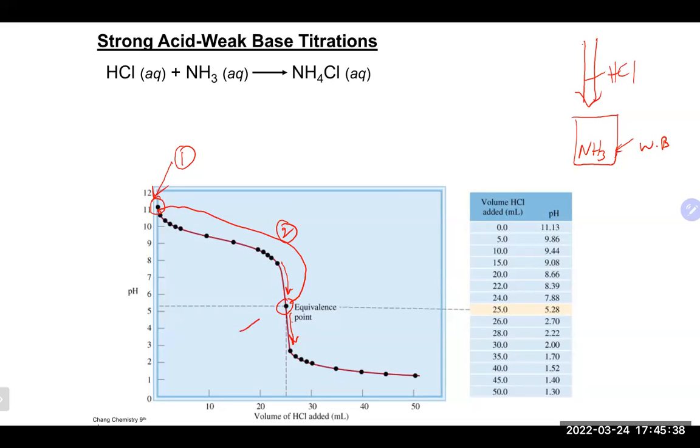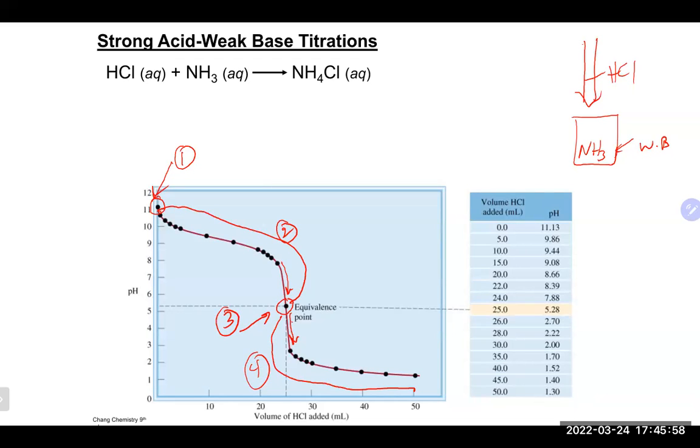The third spot is the equivalence point, where the moles of our acid will equal the moles of the base. And then in this case, you're just dumping acid in. And the fourth part would be as you pass the equivalence point.